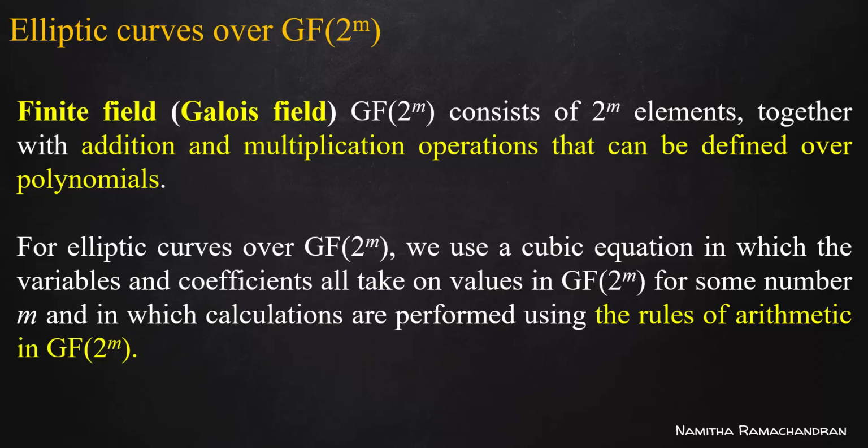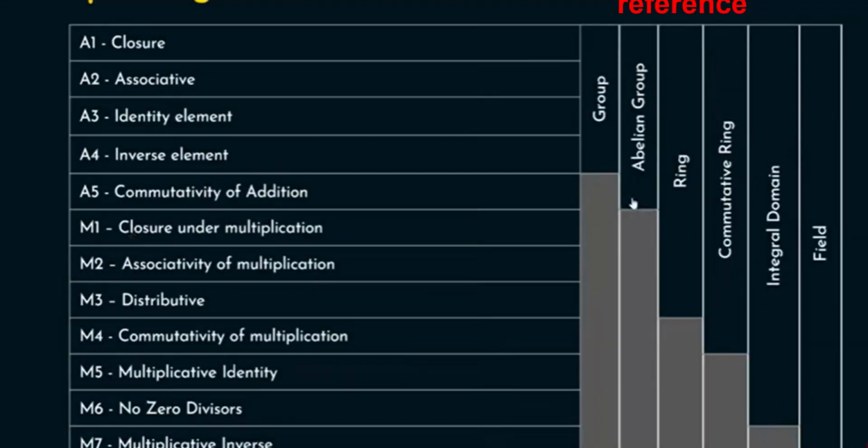For a set of numbers to be a finite field, we need to consider two more binary operations along with the set of numbers, that is the addition operation and the multiplication operation. A set of numbers with addition and multiplication operations satisfying all these conditions is a finite field.